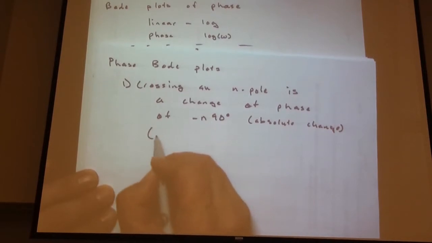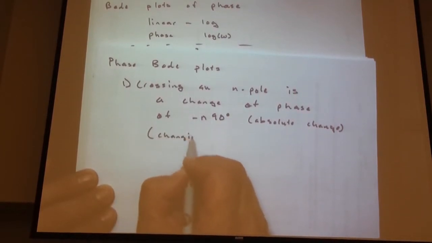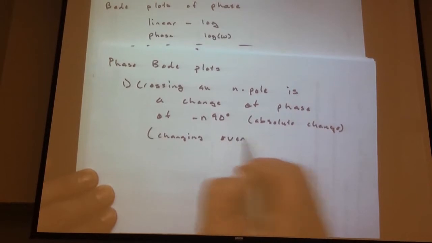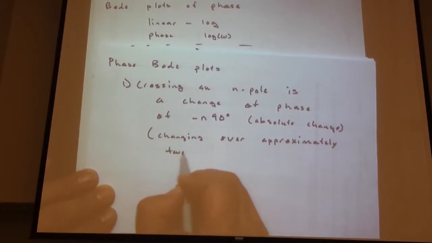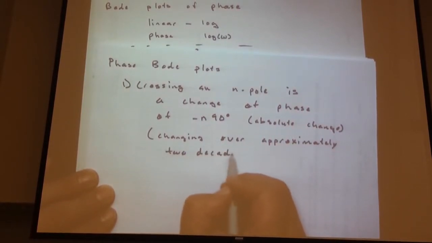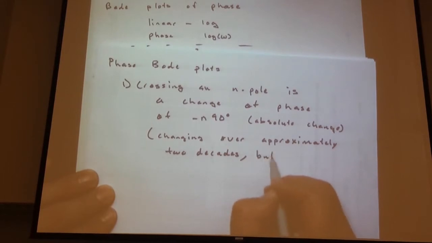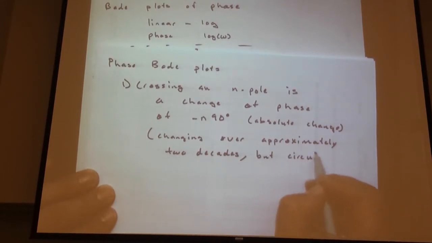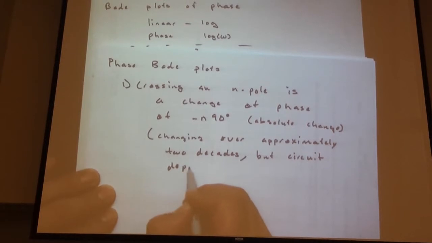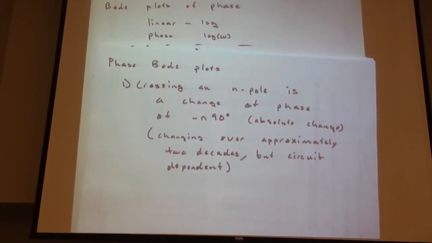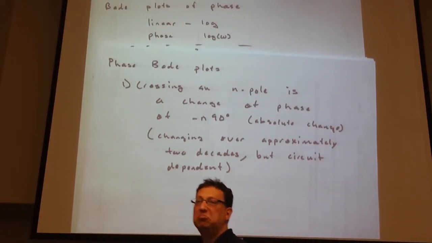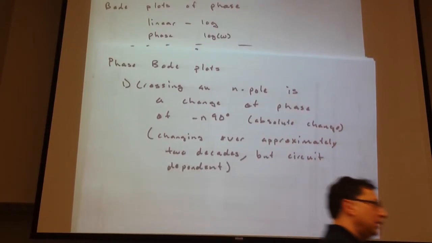So in parentheses, I'll say changing over approximately 2 decades, but circuit dependent. In this particular circuit, or whatever circuit generated the transfer function we are looking at, yeah, that's a reasonable thing to do.